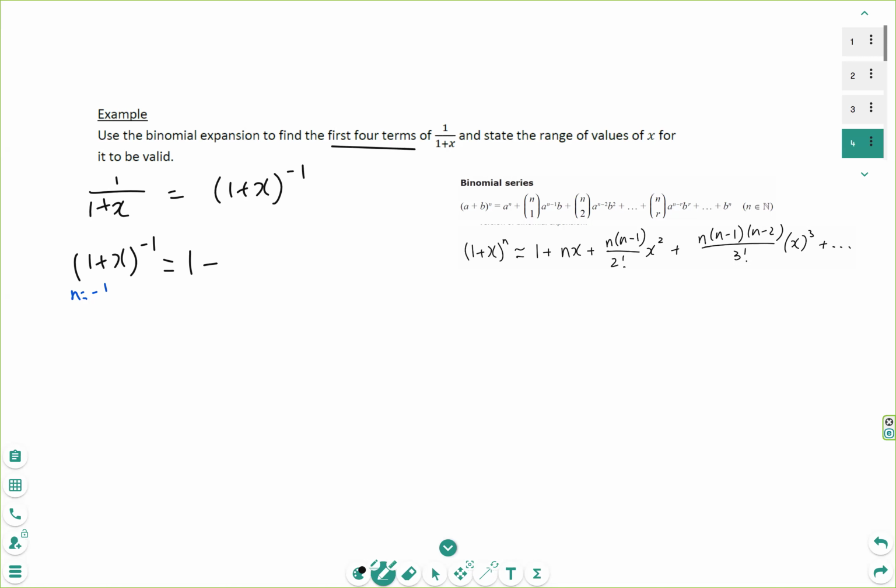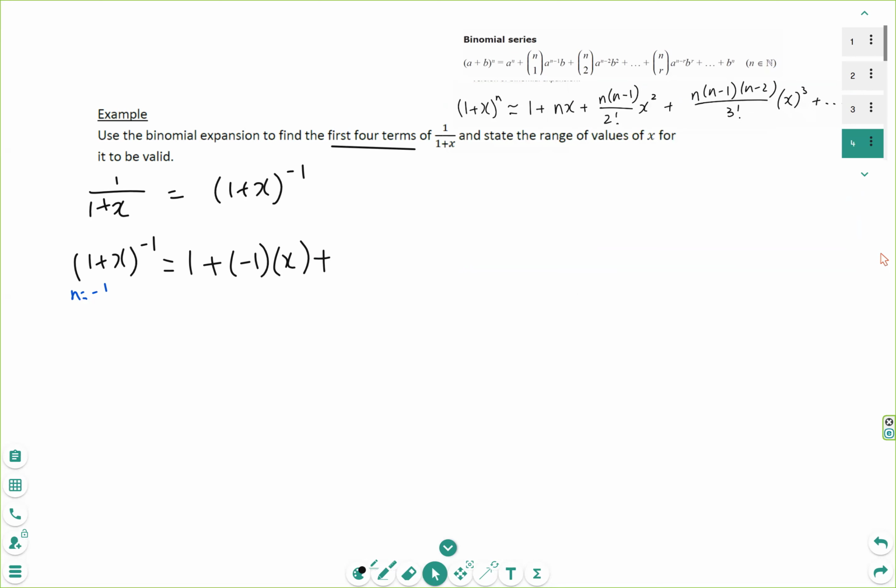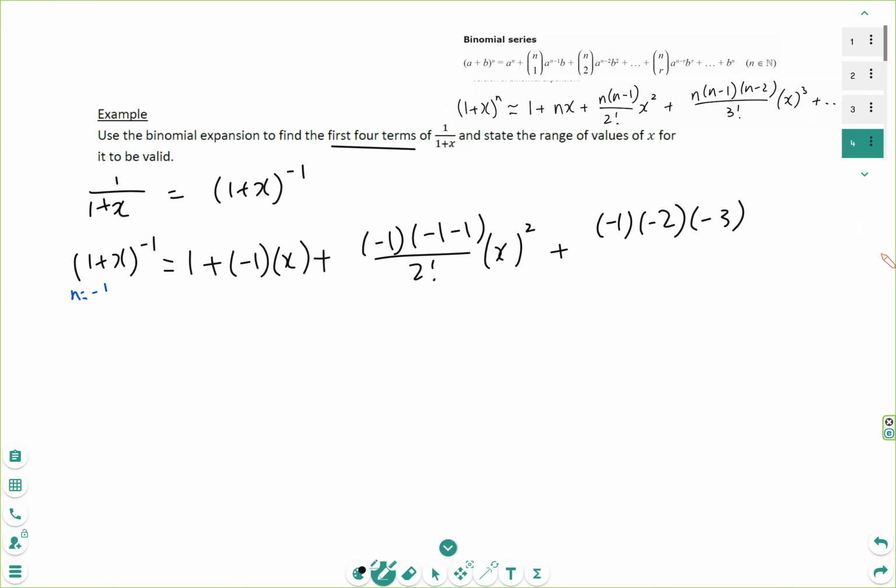So the first term is 1 plus nx, where n is minus 1, plus n times n minus 1 over 2 factorial times x squared, plus n times n minus 1 times n minus 2, which is minus 3, over 3 factorial times x cubed.